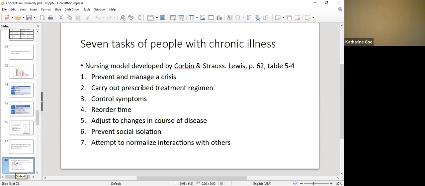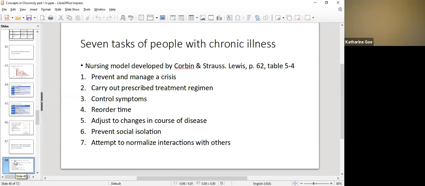Another task is to try and control the symptoms, because as we know, these conditions aren't curable, but that is a focus of the chronically ill person. People will have to reorder time, which means they have to readjust their schedule to adapt to their illness and the demands of their treatment regimen.